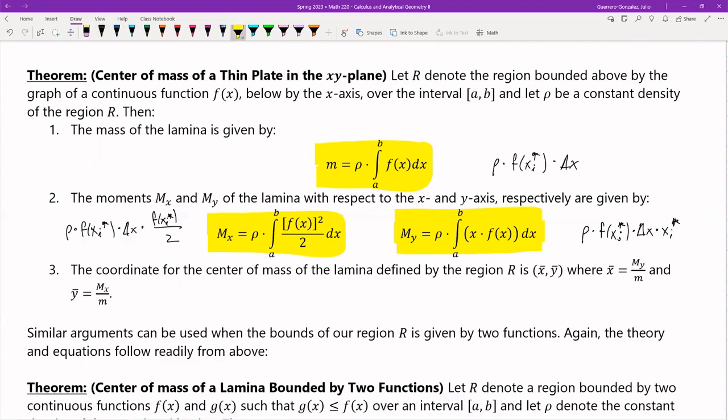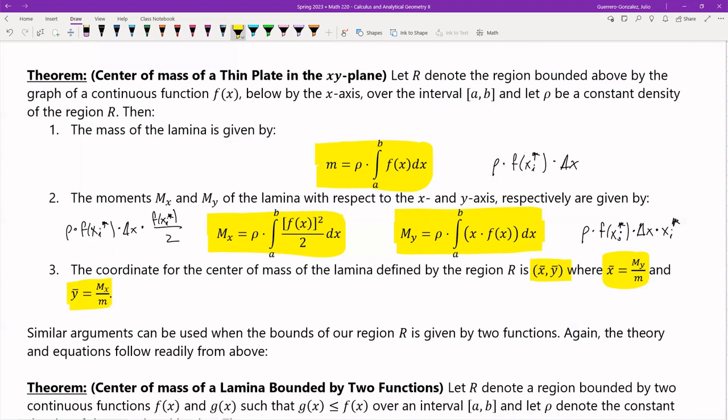And then the last thing now is where the heck is the center of mass? The center of mass came from the theorem from the beginning of the lecture. The x coordinate is going to be based on the moment with respect to the y-axis, and the y coordinate is going to be based on the moment with respect to the x-axis.